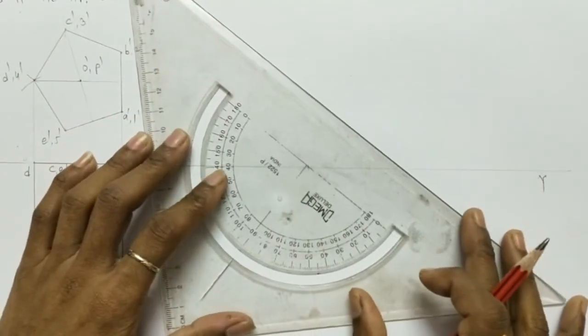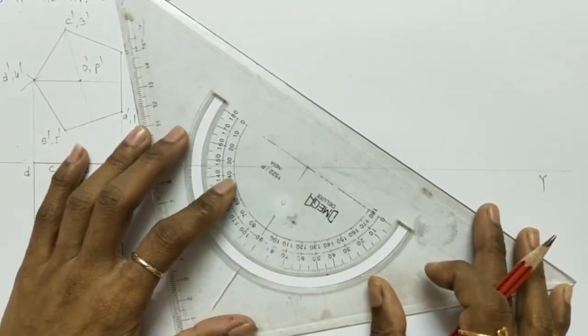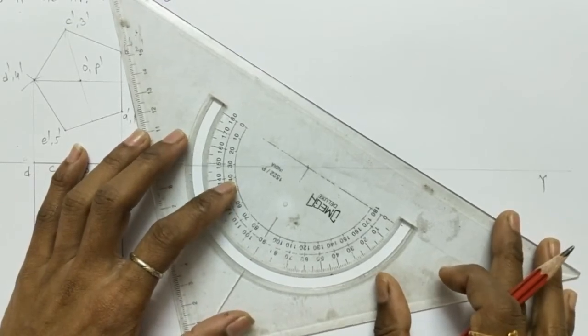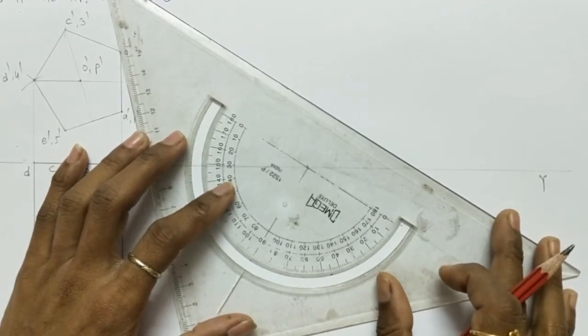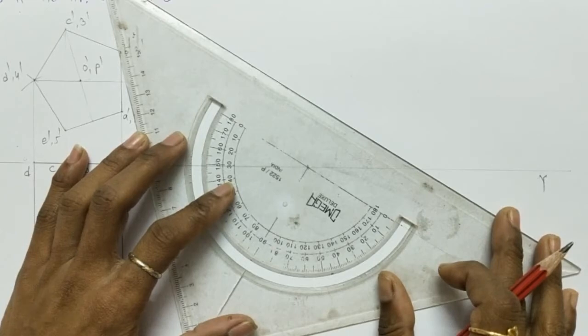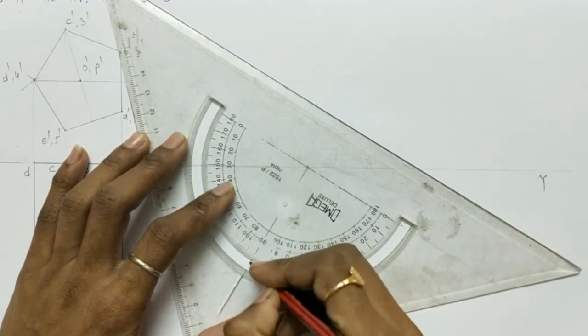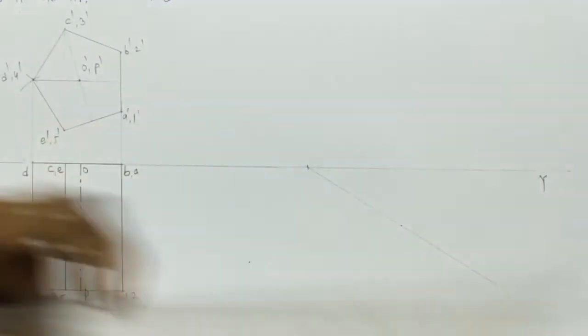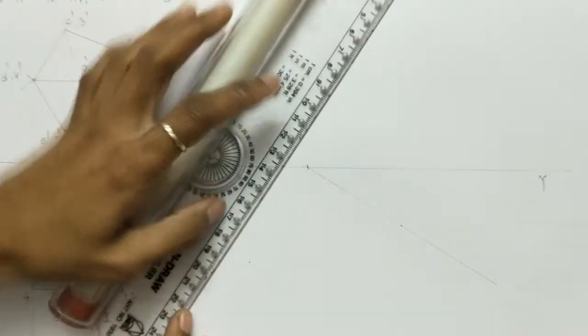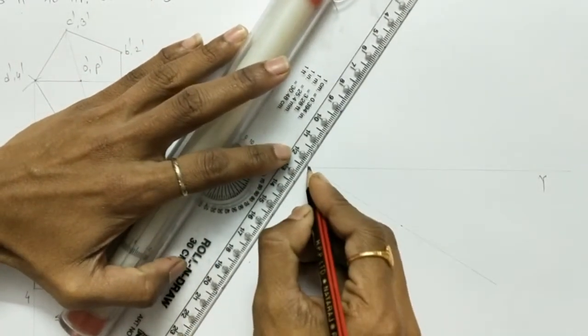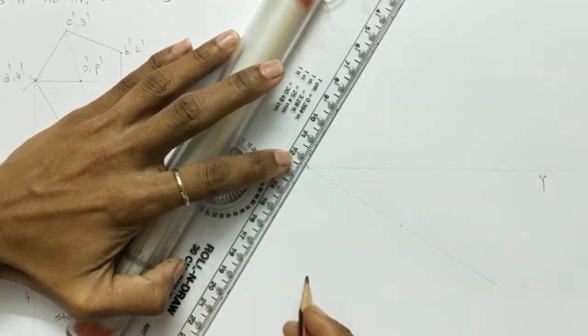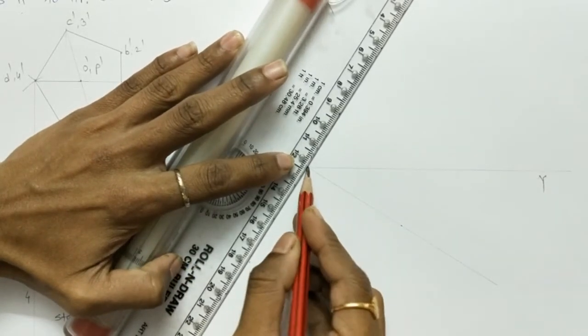So I will draw a perpendicular line like this. And now draw a line from these 2 points like this.